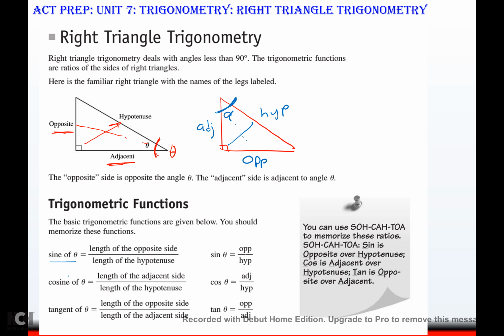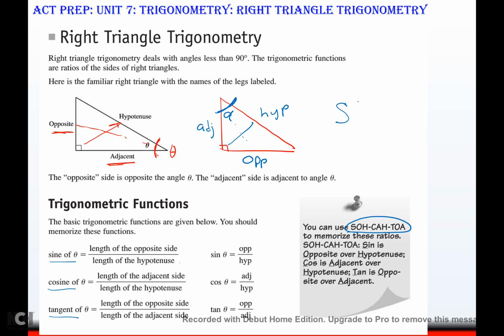Once you have your triangle labeled properly from whatever acute angle you're working from, then sine of theta is the length of the opposite side over the length of the hypotenuse. Cosine is adjacent divided by hypotenuse. And tangent is opposite over adjacent. The most famous mnemonic, if you will, to memorize these ratios is Soh-Cah-Toa.